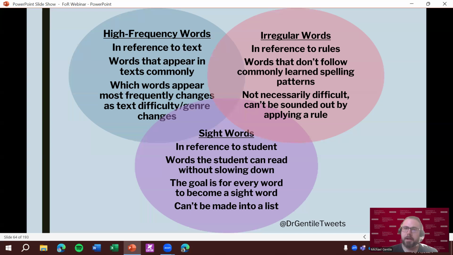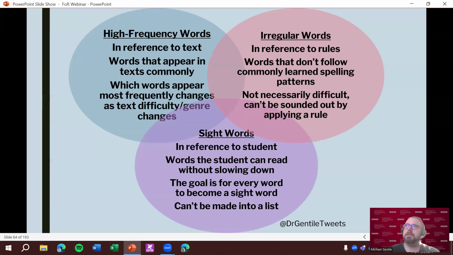All right. Irregular words, and we can see that there's going to be overlap here because these aren't strict categories. Some of these will be in both. So a word like beautiful is going to be a high frequency word and also an irregular word. An irregular word is in reference to the rules that we've taught. This is definitely going to depend on how far the student is in learning rules and what rules you're teaching them.